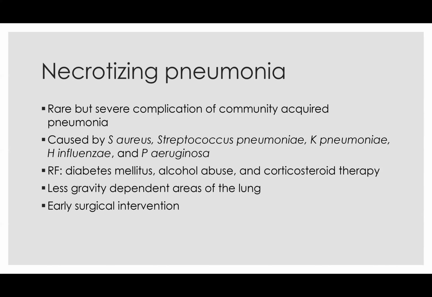Necrotizing pneumonia tends to occur in regions of the lung that are less gravity dependent, not like we saw previously with lung abscesses. Surgical intervention has been recommended early on if lung necrosis and gangrene have started to set in. This is primarily due to poor antibiotic penetration to the affected area because it's usually compromised by a reduced or absent blood flow.